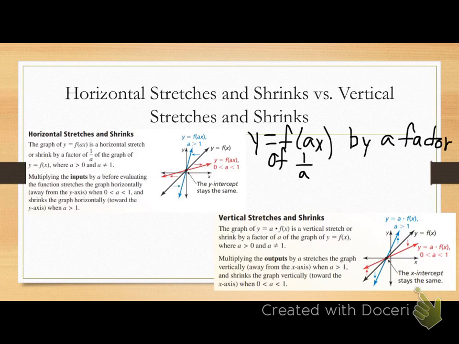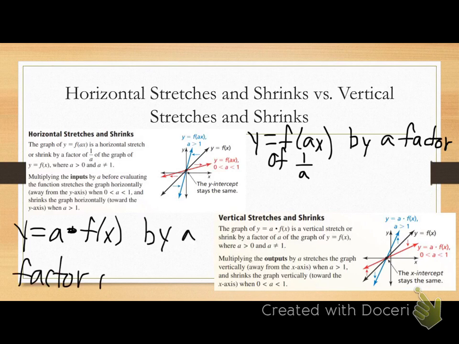Okay, write down vertical stretches and shrinks. And here's my formula. Y equals a times f of x is a vertical stretch or shrink by a factor of a, of the graph of y equals f of x, where a is greater than 0 and a does not equal 1.